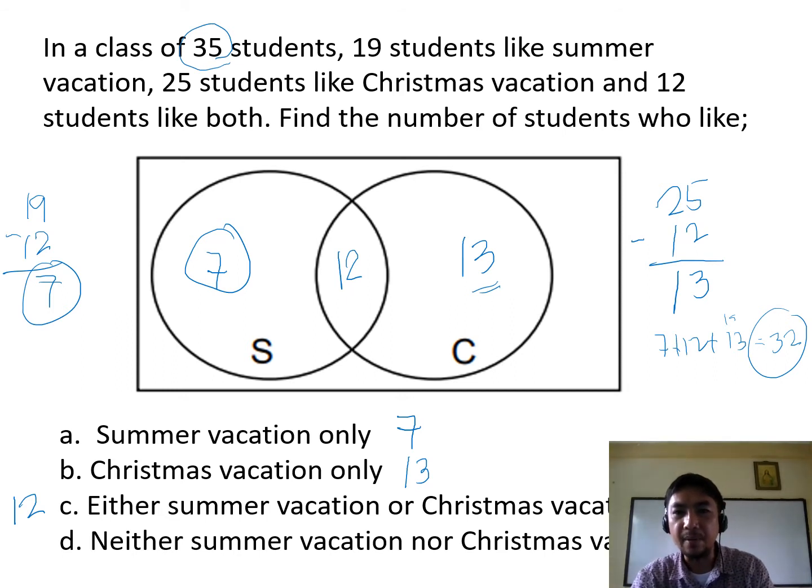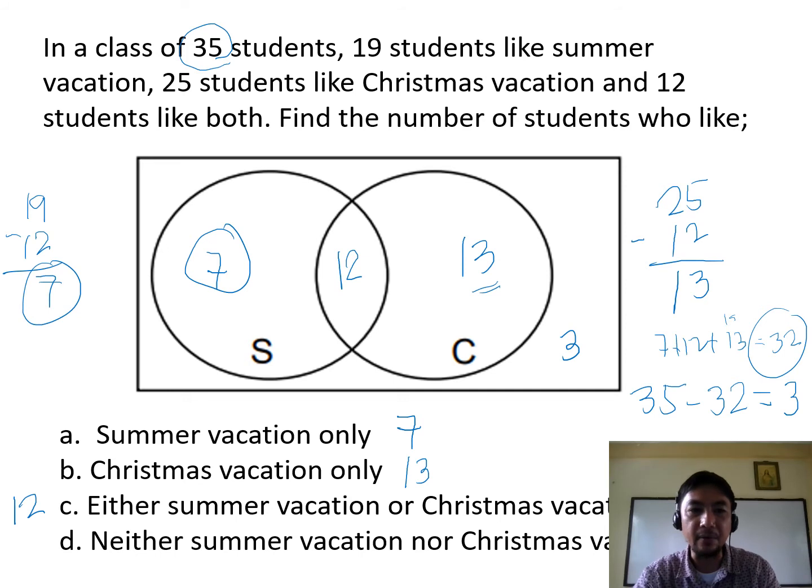So, therefore, para makuha natin yung students na ayaw ng summer vacation or Christmas vacation, we subtract 35 by 32. And it will give you 3. So, saan ko ilalagay yung 3? Yung 3 will be outside the two sets. Ibig sabihin nun, yung tatlong students na ito ayaw ng Christmas vacation at summer vacation. So, therefore, the answer for letter D is 3.